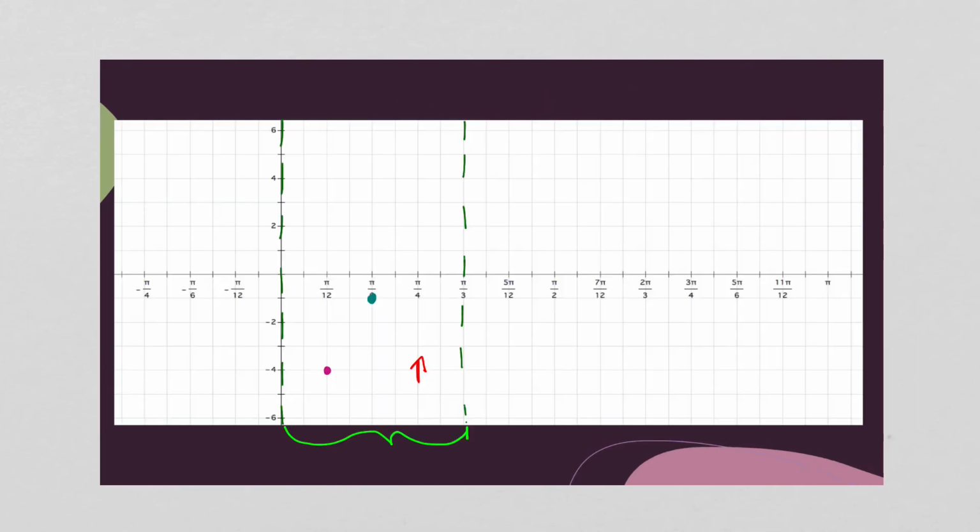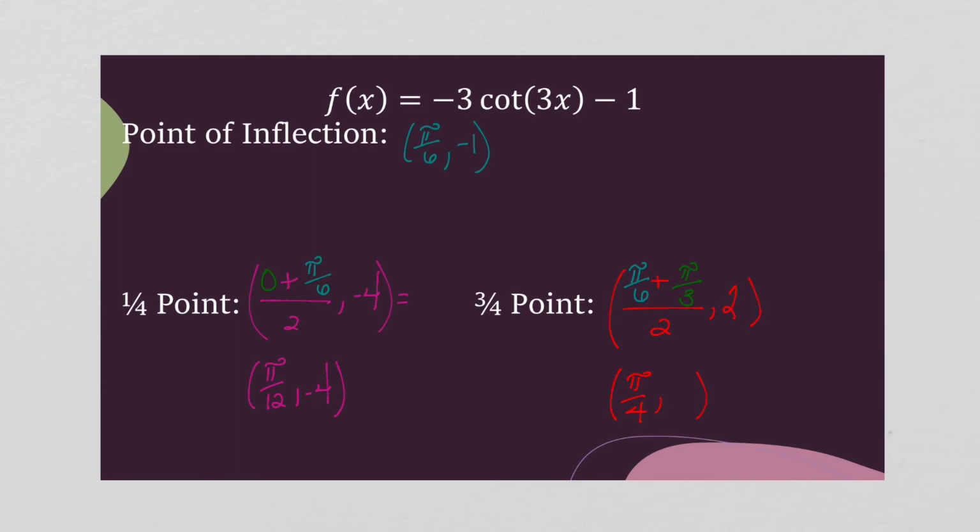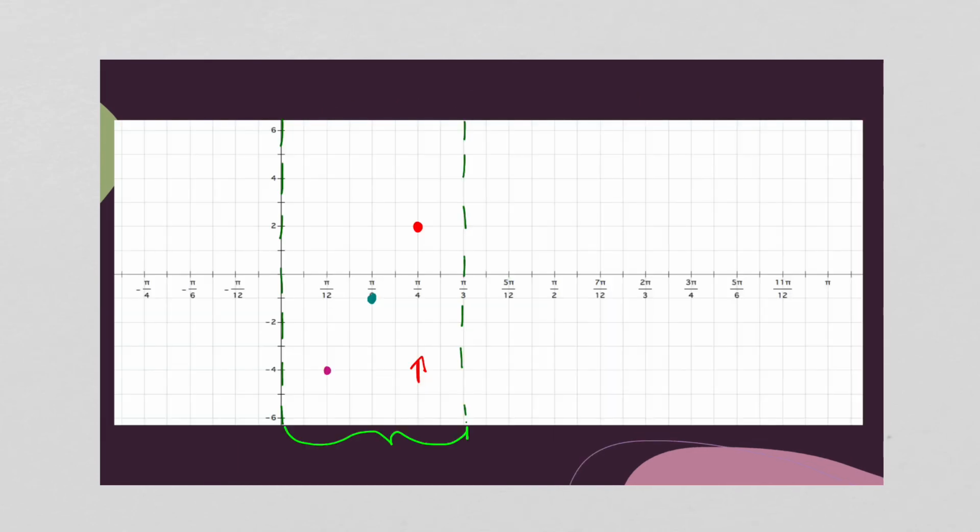Okay, and so we would, let's see, we would be at 3, but we've moved down 1, so we're going to be at 2. Okay? And so now we can graph it.